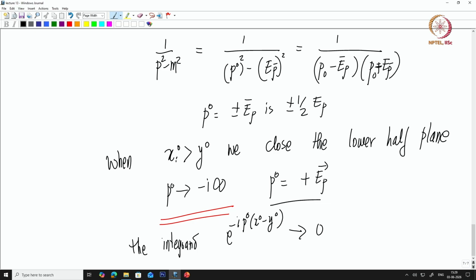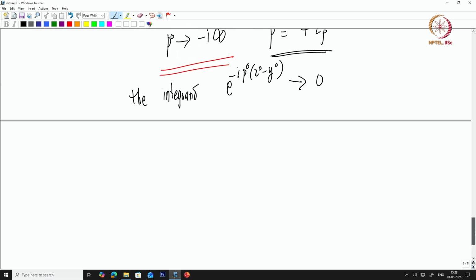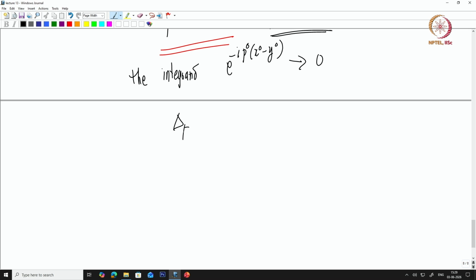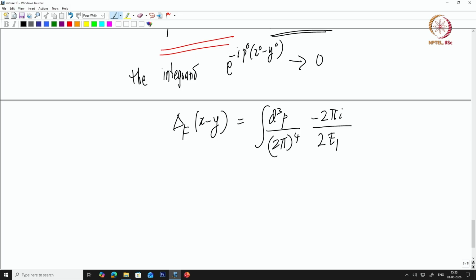Then this picks up the pole P0 equal to plus EP, and in that case you have the propagator delta F (x minus y) equal to the integral d cube p over 2 pi power 4, if you do the P0 integral, minus 2 pi i by 2 EP, e power minus i EP (x0 minus y0) plus i p dot (x minus y).